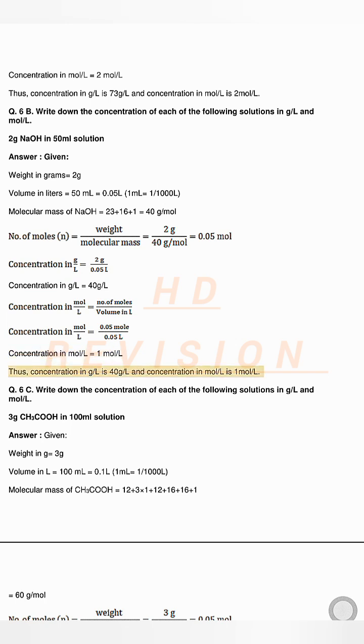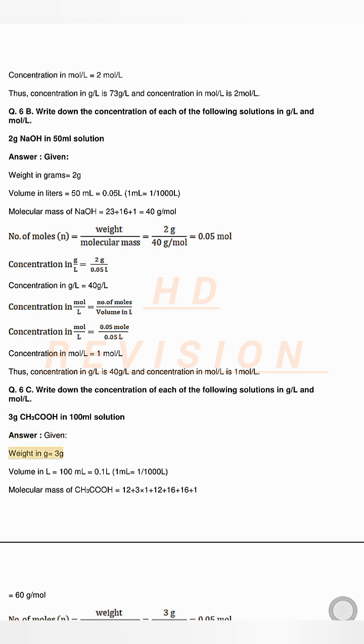Thus, concentration in gram per liter is 40 grams per liter and concentration in mole per liter is 1 mole per liter. Q6C. Write down the concentration of each of the following solutions in gram per liter and mole per liter. 3 grams CH3COOH in 100 milliliters solution. Answer. Given.